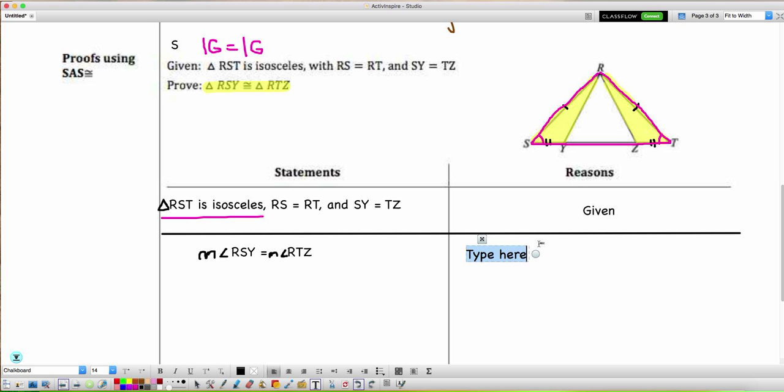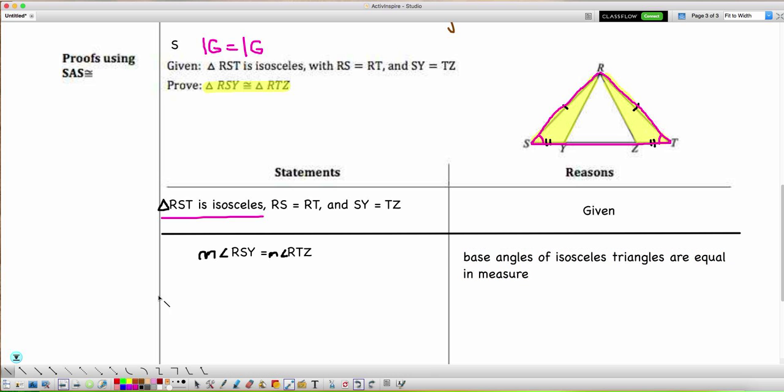And the reason I would give for that is base angles of isosceles triangles are equal in measure. So knowing that that was isosceles really helped me out because I found those two angles.